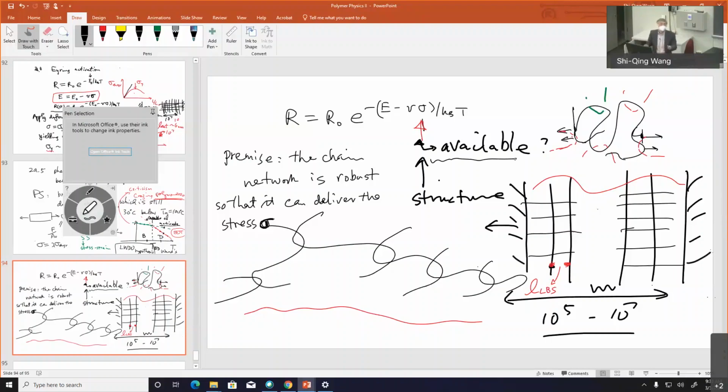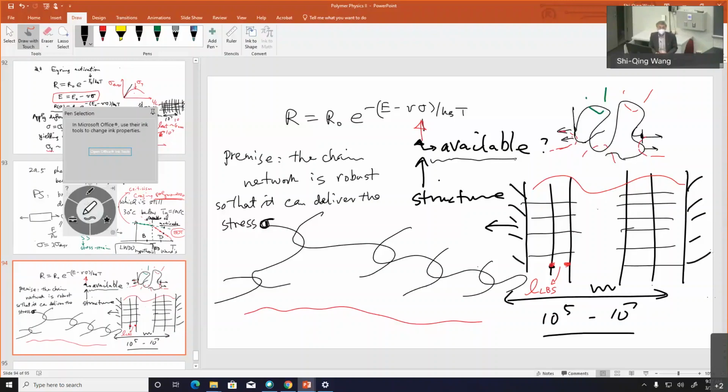As I draw more, can I succeed in causing most of these parts of my chain to go with me and to activate and to flow or plastically deform. So the whole idea is a very simple one.